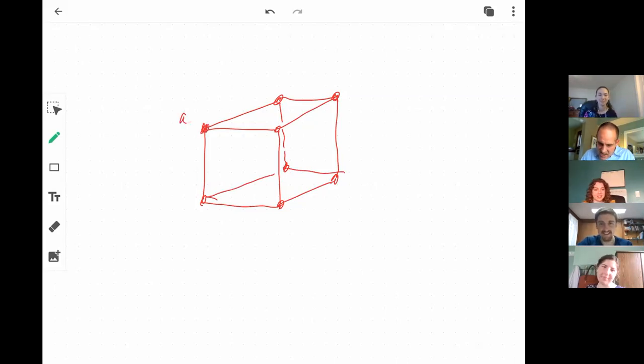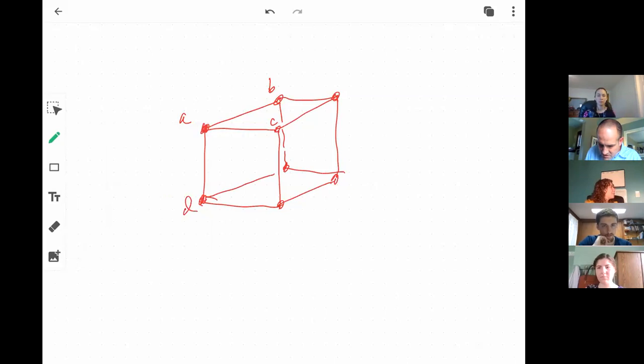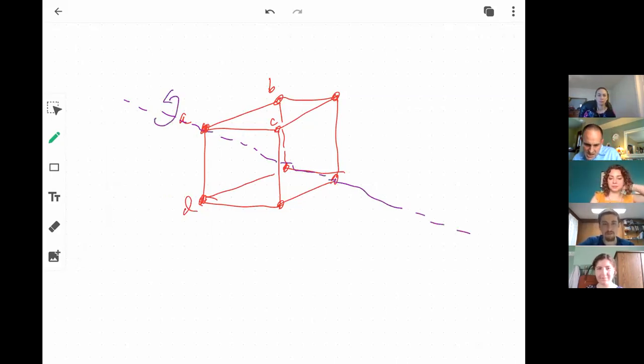Okay, I'm going to relabel things. I'll call this B, I'll call this C, and I'll call this D. And I won't really pay attention to any of the other things, but one of the things we had, so what did we have? We had this axis coming in here. And we were kind of rotating like this, okay?